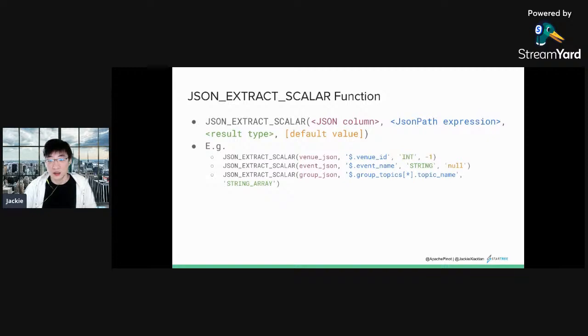The third one, I want to read all the topic names from the group topics. The result will be stored as a string array, and this string array will map to the multi-value column in Pinot.